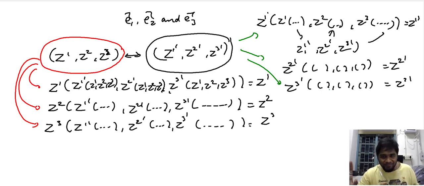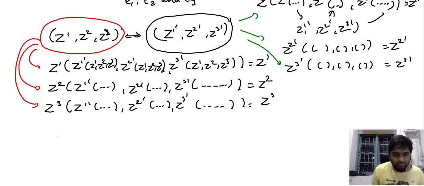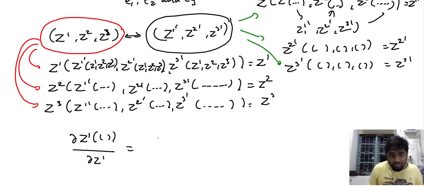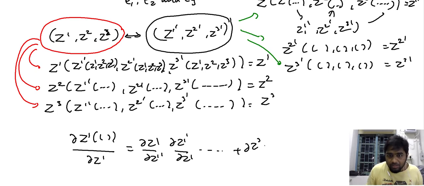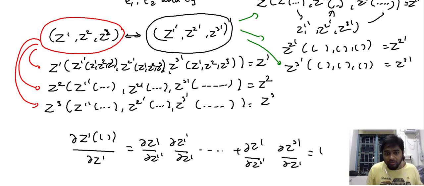In addition to that, if you consider the partial derivatives of each of these relations, meaning the partial derivative of z1, which is a function of a function, with respect to the corresponding variable, then this expression includes z1, z1 prime and z1 prime by z1 and so on, and will end up with z1, z3 prime, z3 prime by z1, which will be equal to 1.